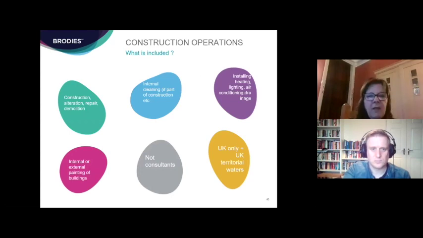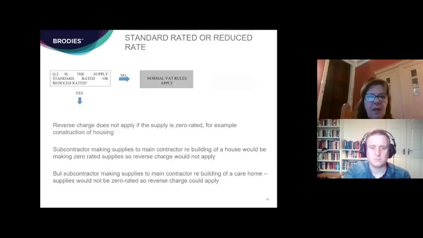So the next question area, on the next slide, is: is it standard rated or reduced rated? And if it isn't, then the normal VAT rules apply. So the reverse charge doesn't apply if it's construction services which are zero rated, for example, construction of housing.